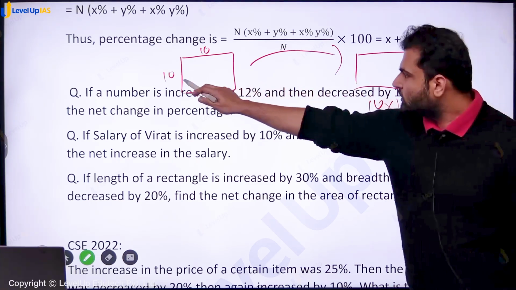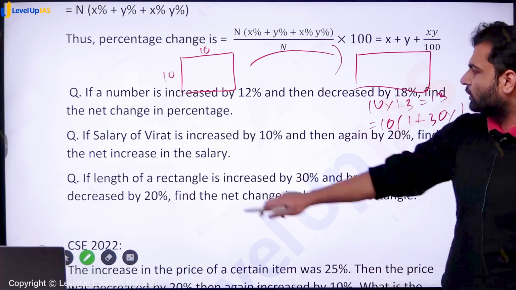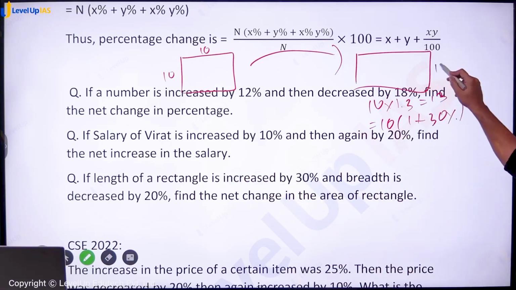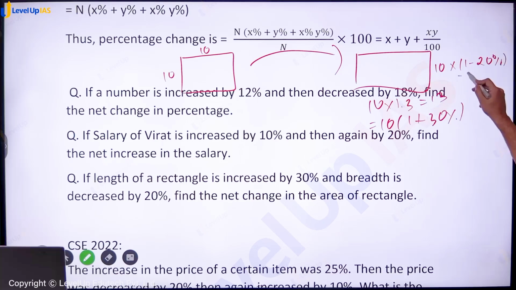And the breadth is decreased by 20%, which is 10 into 1 minus 20%, equal to 10 into 0.8, equal to 8.